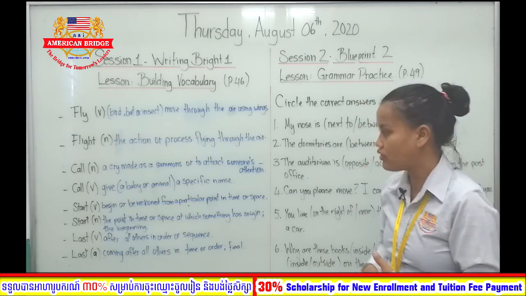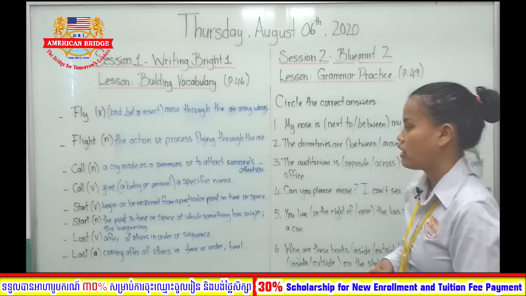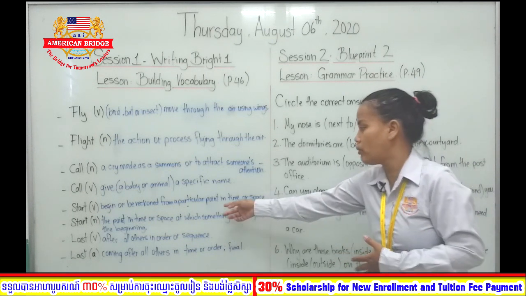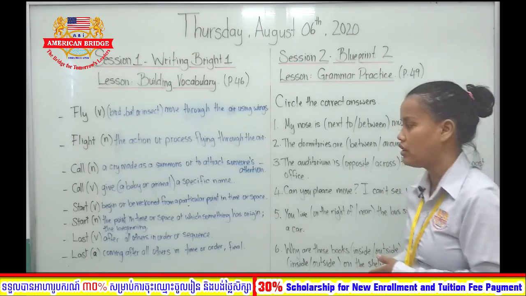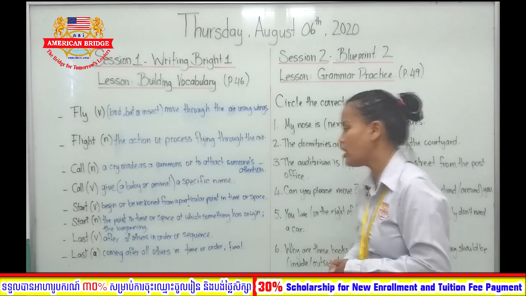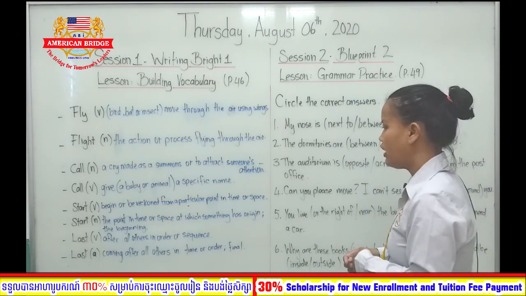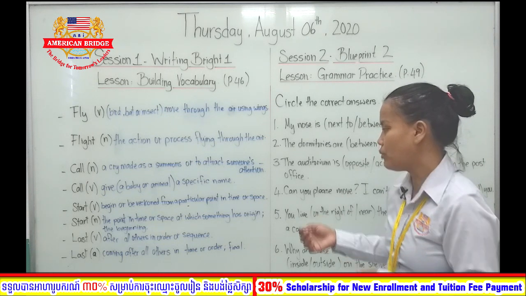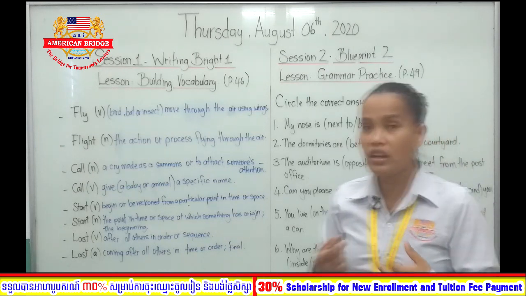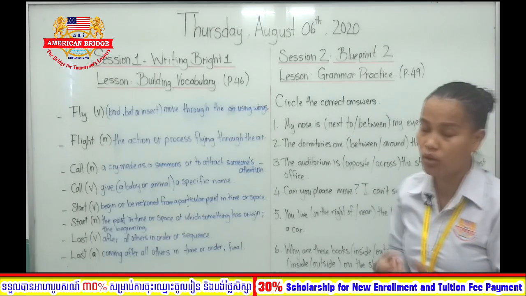Number 5, start. There are 2 types of start. It's a verb and a noun. A start as a verb is to begin or be reckoned from a particular point in time or space. And another start is a noun. The point in time or space at which something has origin, the beginning. So for example, in the beginning of the test, I always review.